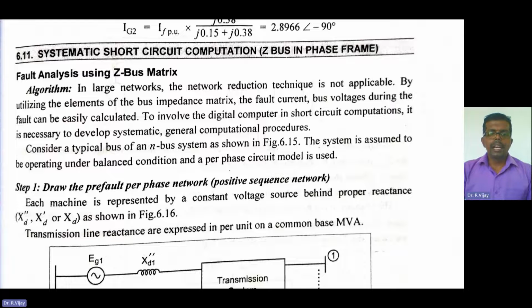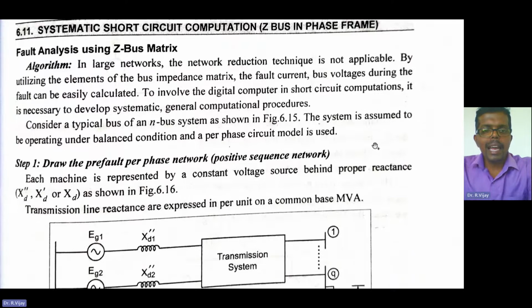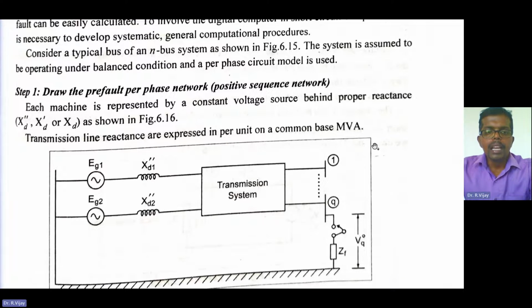Consider a typical bus of an N-bus system. Say, for example, we are considering an N-bus system like this. This is generator 1 having the impedance Xd1 double dash, the subtransient reactance; we have already seen subtransient and transient reactances in our previous classes.